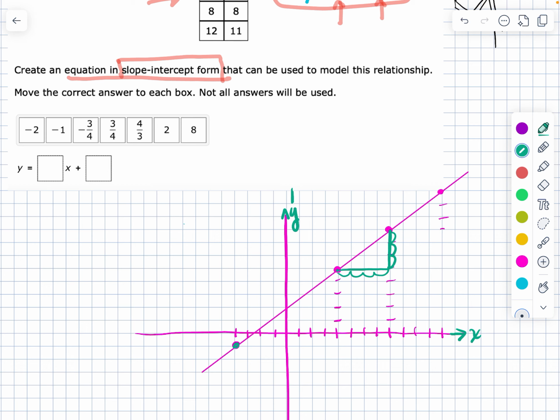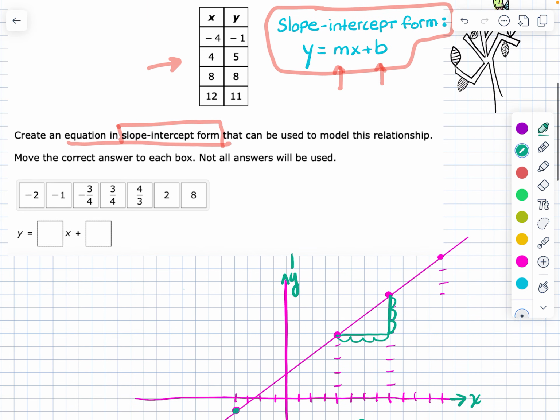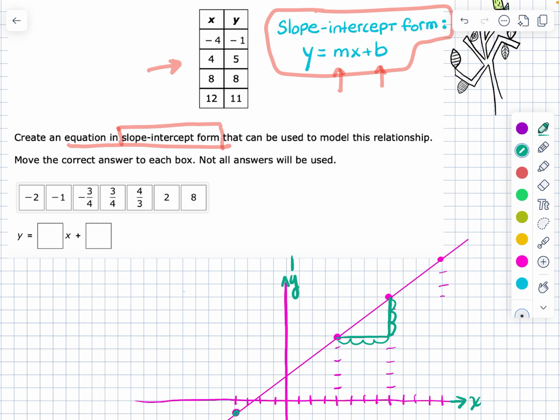So that's 3 over 4. That is my slope. So I can go back and get this slope-intercept form, y equals mx plus b right here, and I'm going to start plugging stuff in.